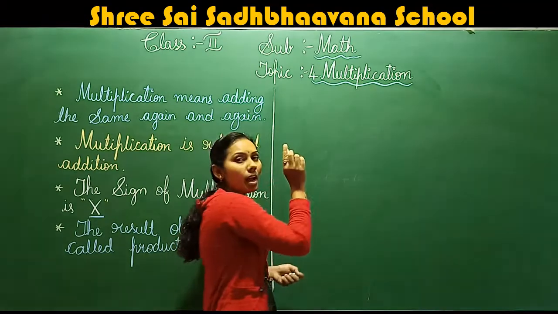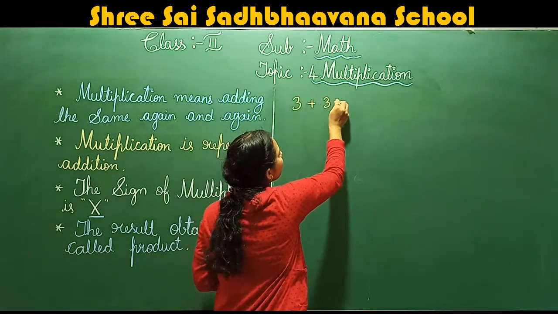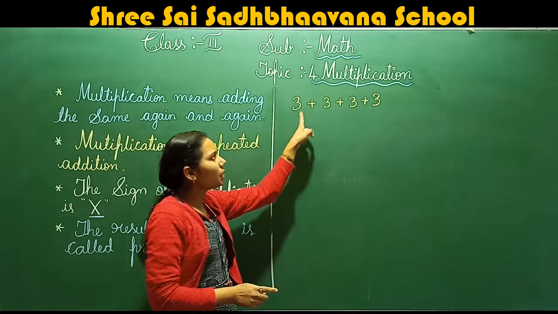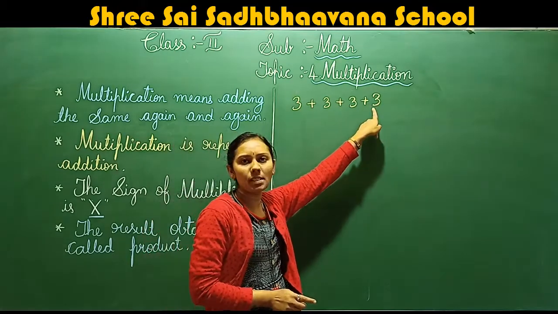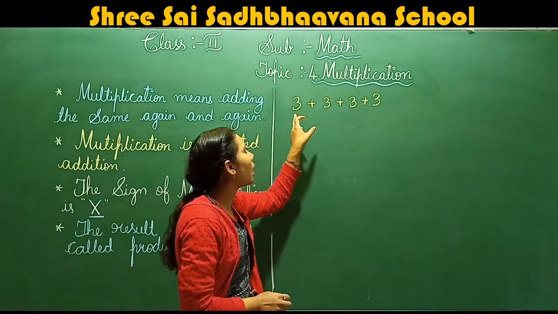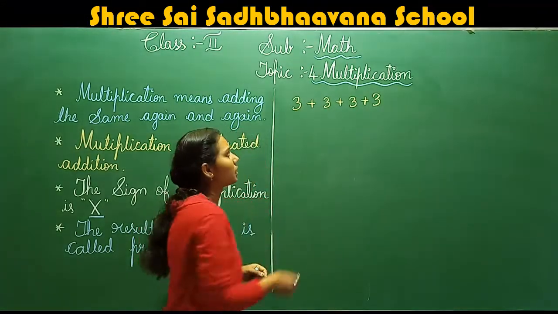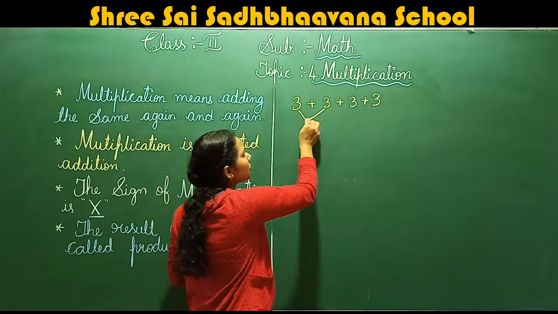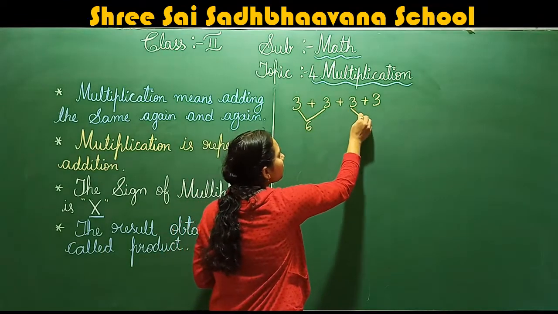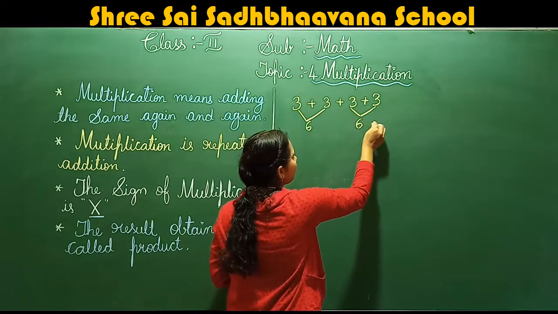See children, if I am adding, for example, 3 plus 3 plus 3 plus 3. I want to add these numbers. I am going to add the same number 4 times, repeatedly. See, 3 plus 3, how much? 6.